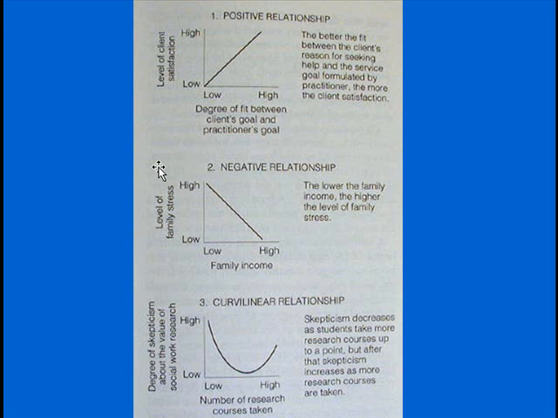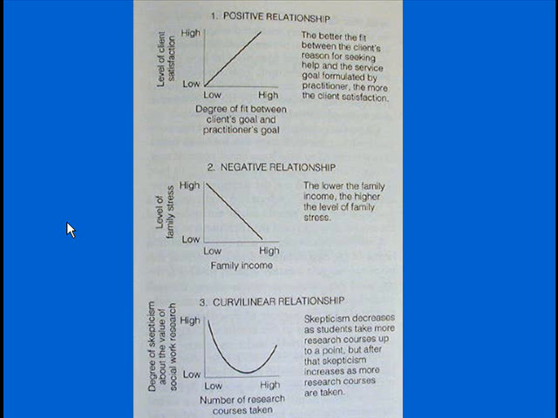Next example, a negative relationship. The example shown here is that there's a negative relationship between the level of family stress and family income. So you see this slope. This is a negative relationship.